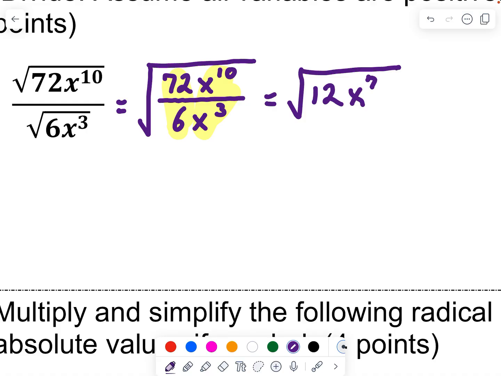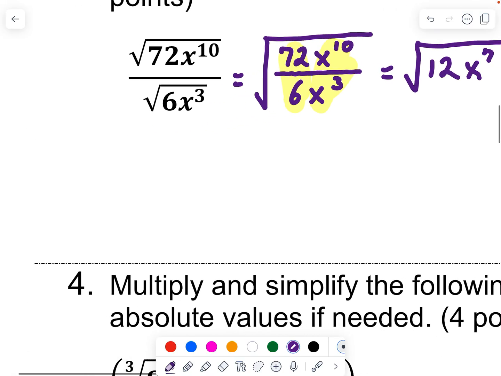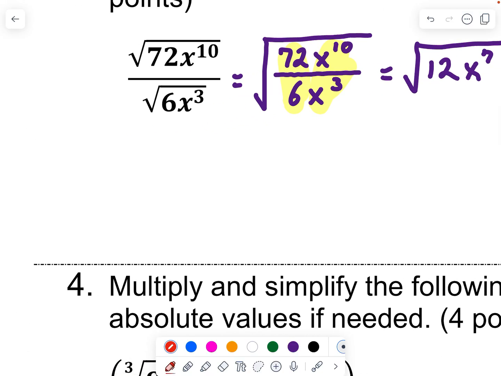I like to think of it, just doing a quick sidebar here, I've got 10 x's. 1, 2, 3, 4, 5, 6, 7, 8, 9, 10 in the numerator, and I've got 3 in the denominator.